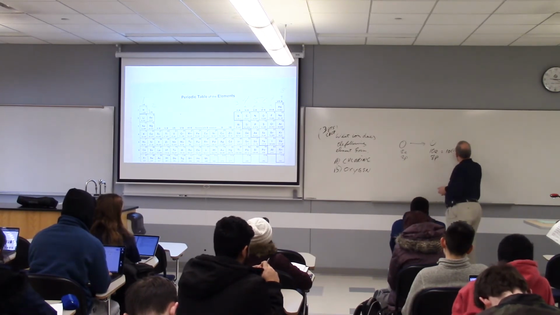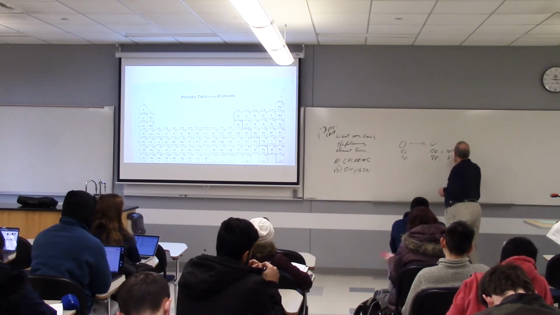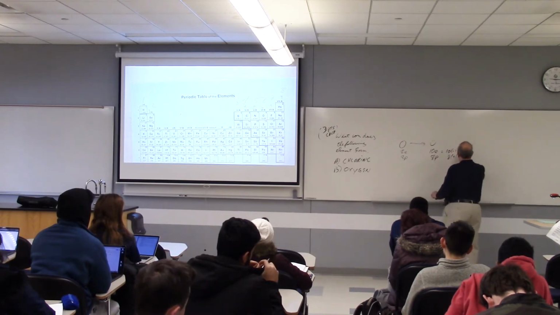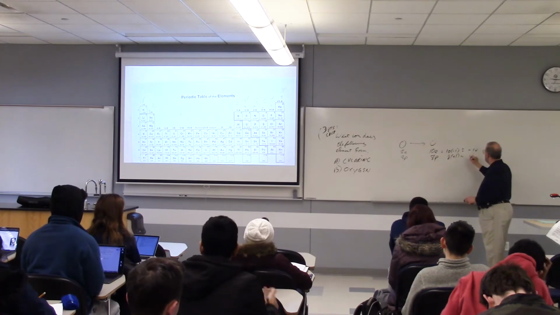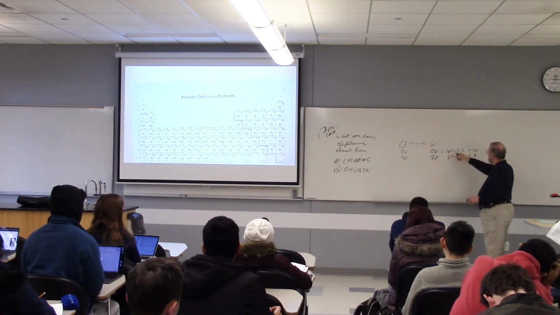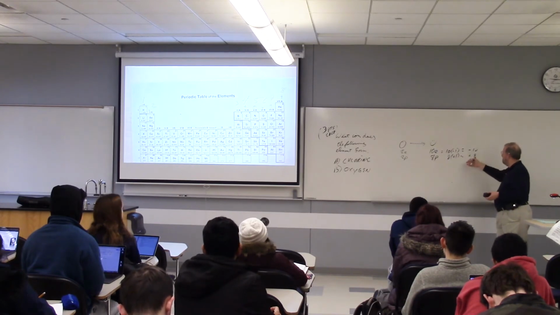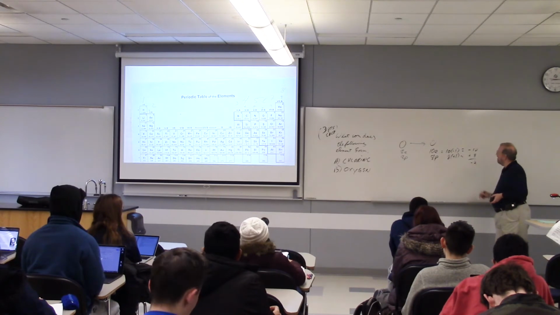Each electron is a -1. Each proton is a +1. Do the math. -1 times 10 is -10. Same thing, +1 times 8 is +8. Add them together, get a -2.